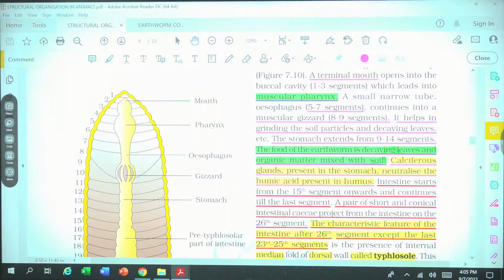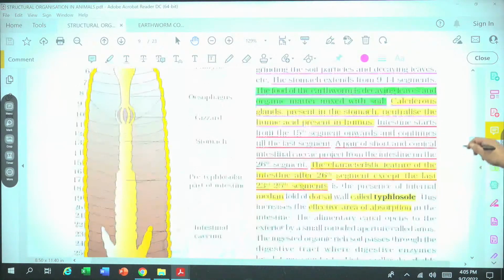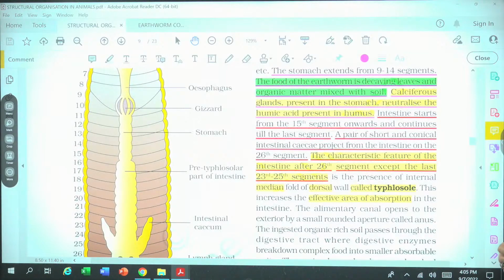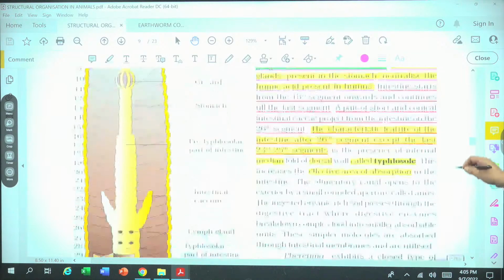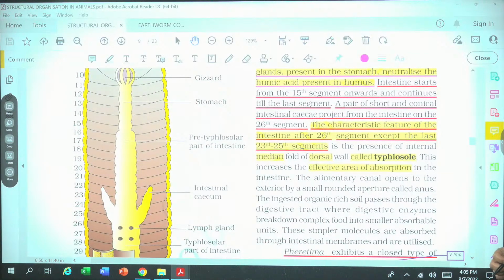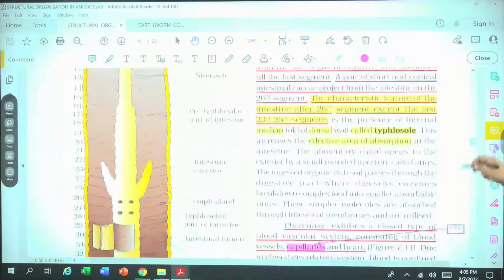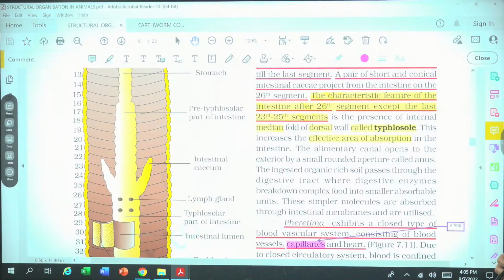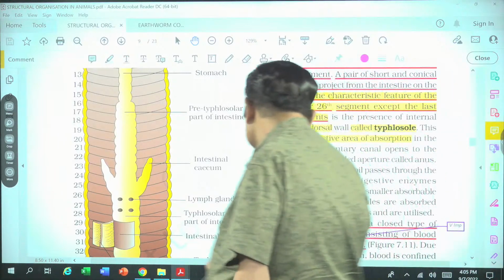A pair of short and conical intestinal caeca project from the intestine on the 26th segment. The characteristic feature of the intestine after the 26th segment, except the last 23 to 25 segments, is the presence of an internal median fold of the dorsal wall called the typhlosole. This increases the effective area of absorption in the intestine.